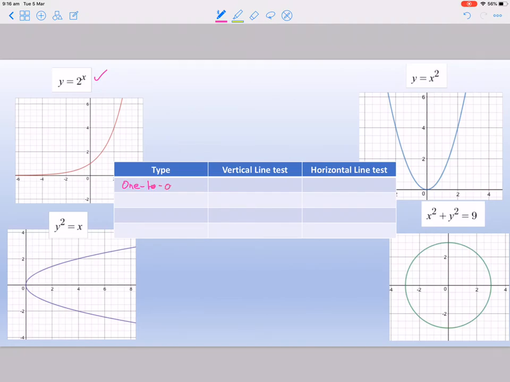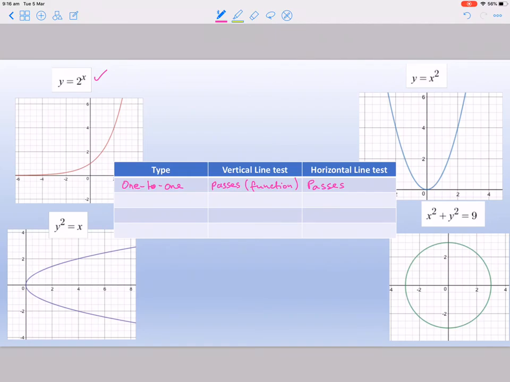Write this in your book. It passes the vertical line test, so it's a function. It also passes the horizontal line test, so that makes it 1 to 1.